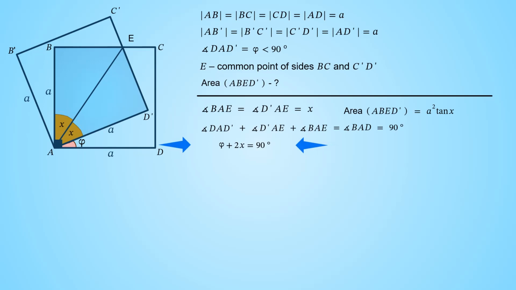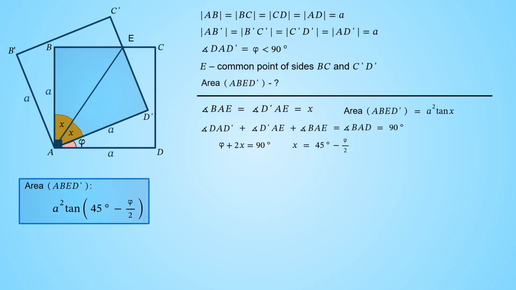So we obtain an equation for x and find that x equals 45 degrees minus half of phi. Now we can substitute the expression for x into the formula for the area of quadrilateral ABED' and get the answer: A squared times tangent of 45 degrees minus half of phi.